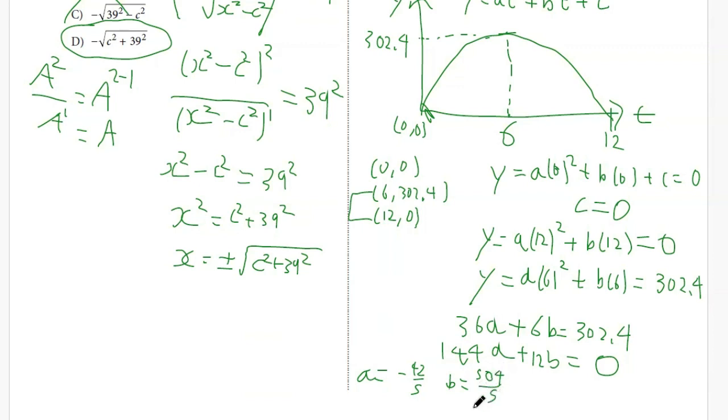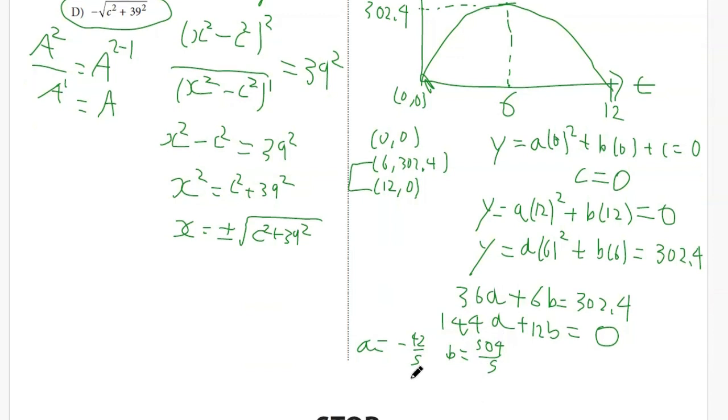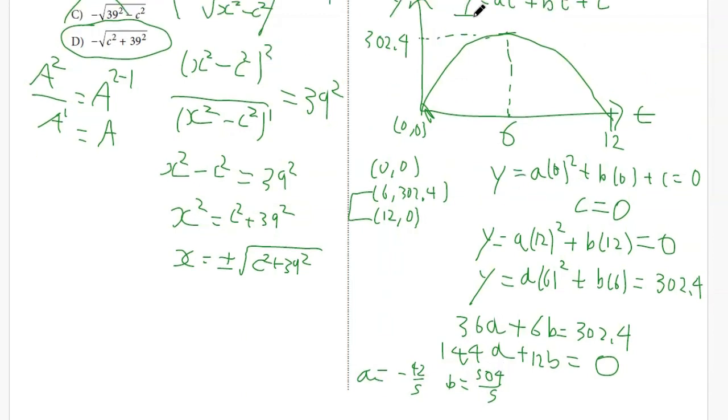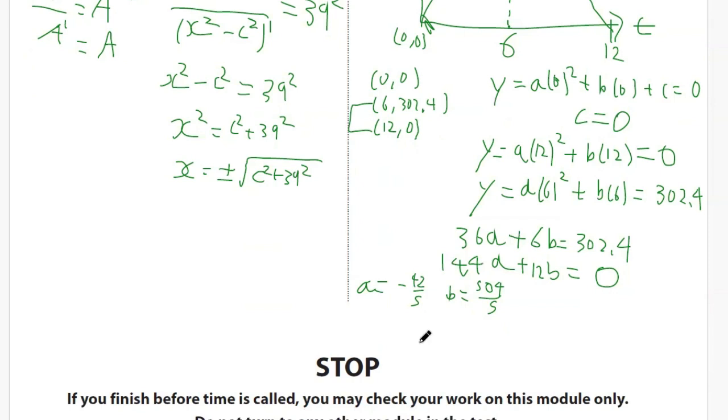And I could rewrite my quadratic function here as y equals minus 42 over 5 t squared plus 504 divided by 5 times t.